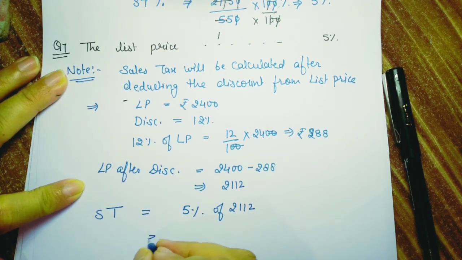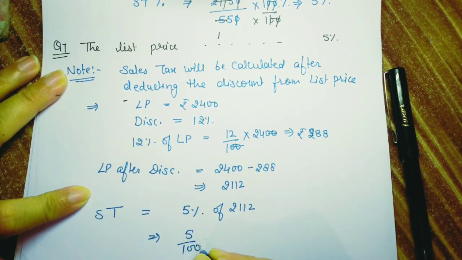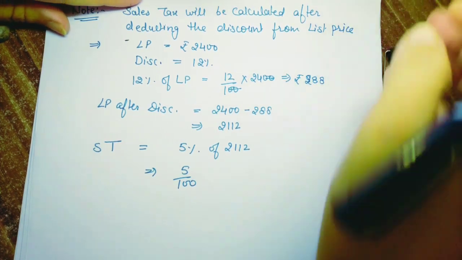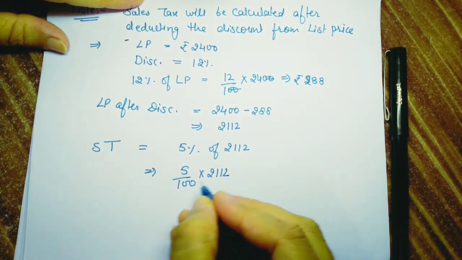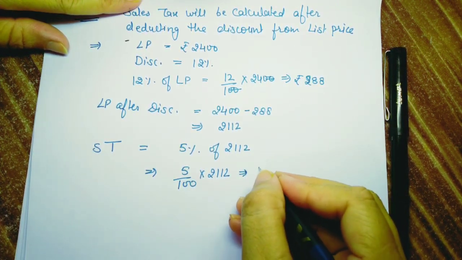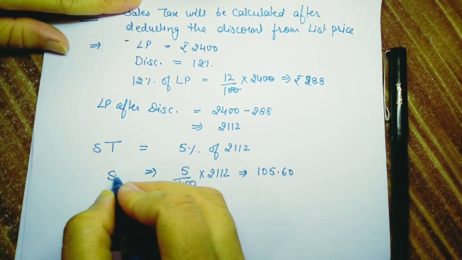So 5 by 100 multiply 2112, and when we solve this, we get the amount 105.60. This is the amount of sale tax.